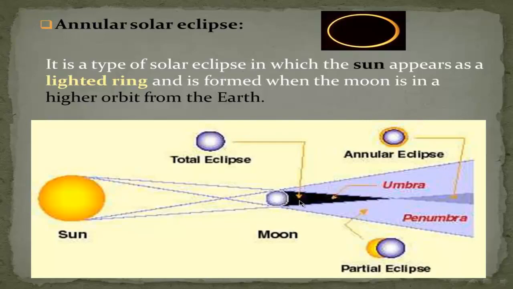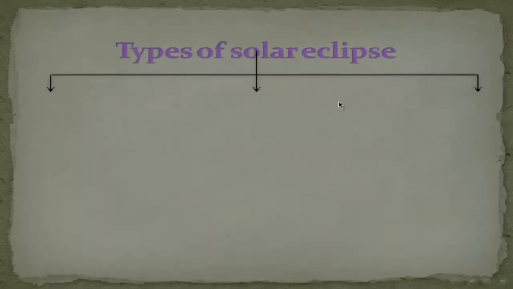Again, this is umbra, this is penumbra, this is antumbra. Inside umbra, total eclipse appears. Inside penumbra, partial solar eclipse appears. Inside antumbra, annular solar eclipse appears. Okay.